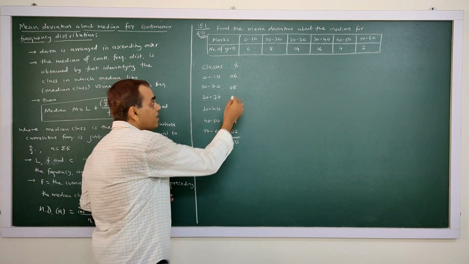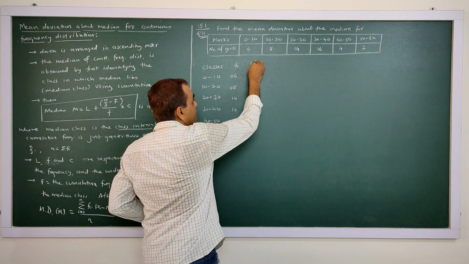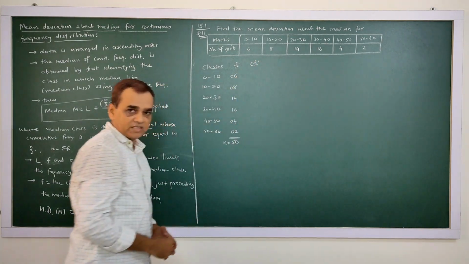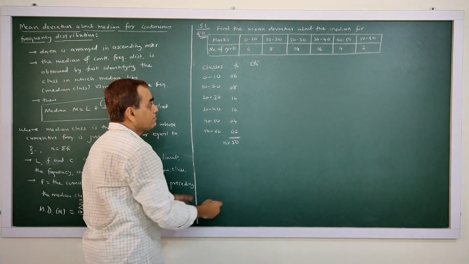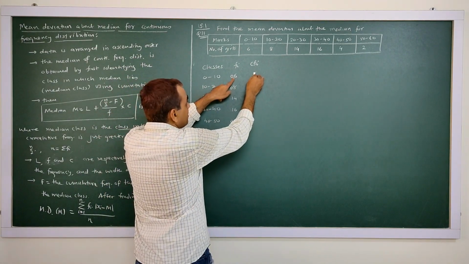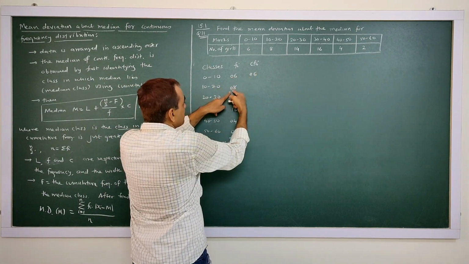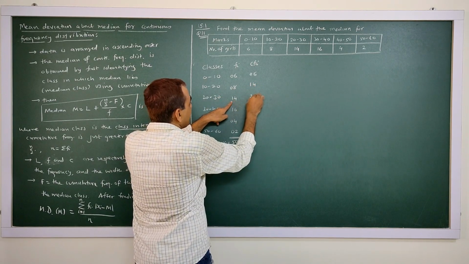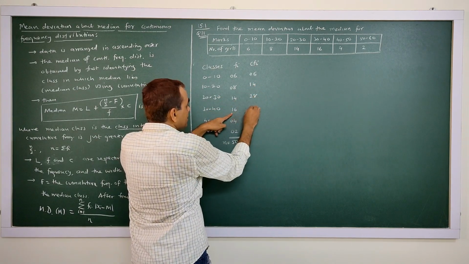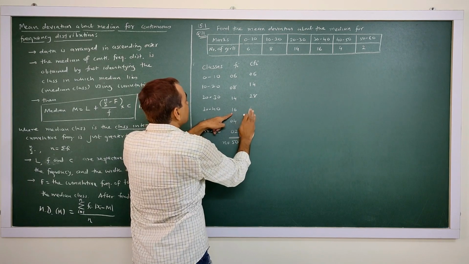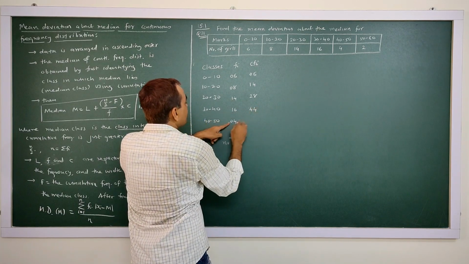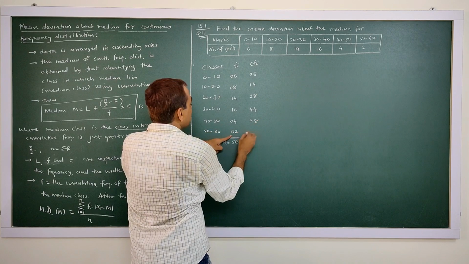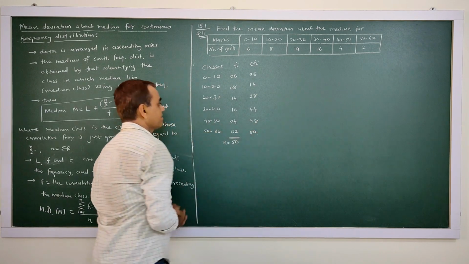Then we prepare the cumulative frequency column: 6, 6 plus 8, 14, 14 plus 14, 28, 28 plus 16, 44, 44 plus 4, 48, 48 plus 2, 50.